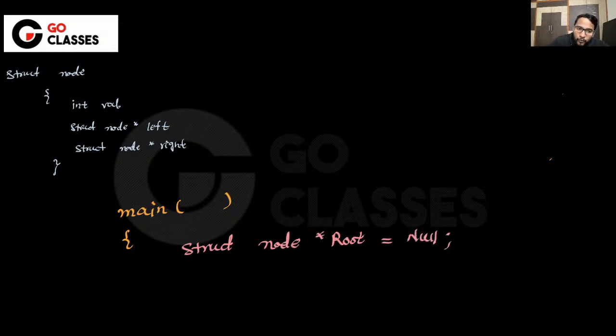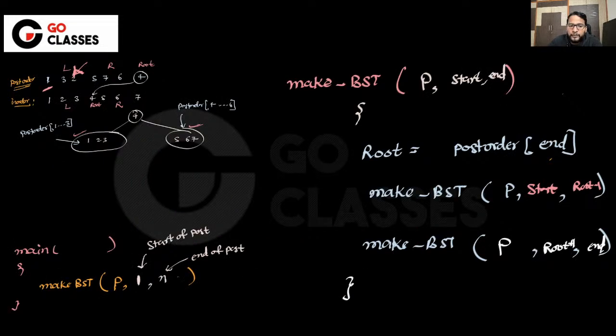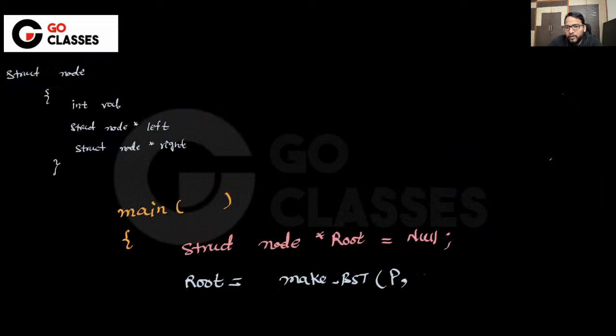Now I want my make BST function to finally return a pointer to the root, and I store that in the root. I will be passing my array, which is p, and the start index is 1 and the end index is n. 1 and n are just for my convenience. You can write 0 or n minus 1 if you really want to write the code, okay?